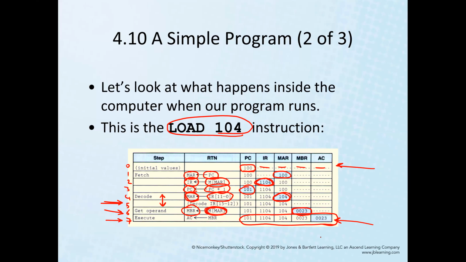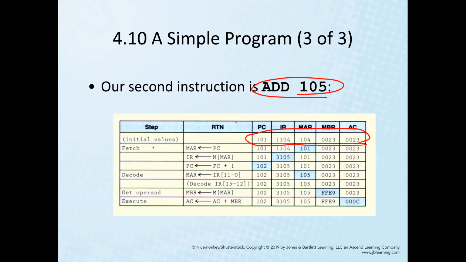So the last values of each instruction are the initial values of the next instruction. If we look, we see that the initial values are the same as the last values of the previous instruction. Okay, any question?